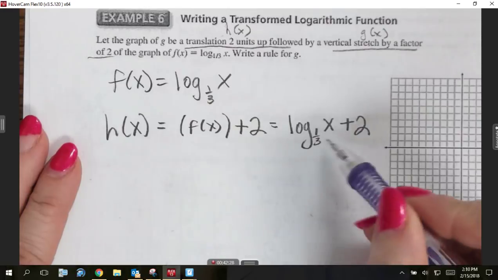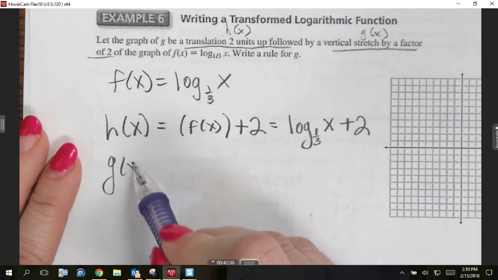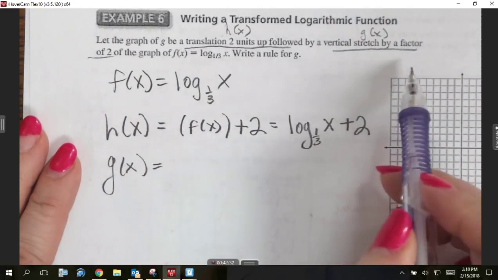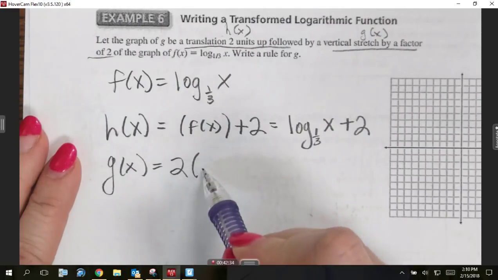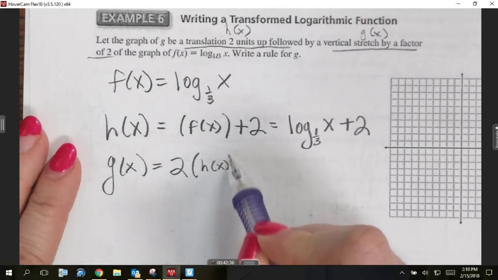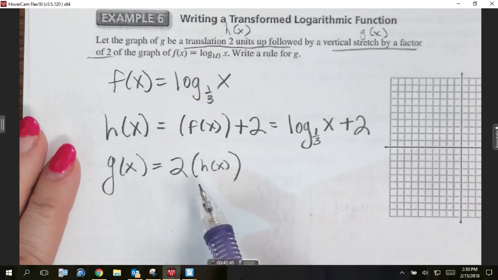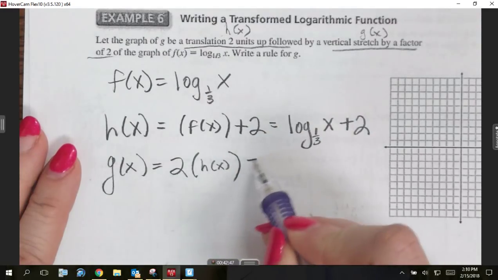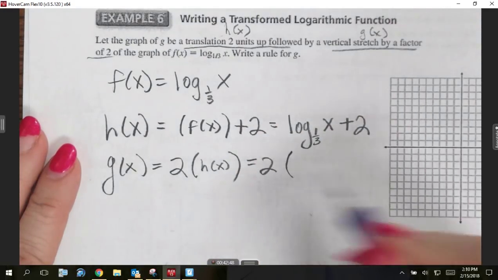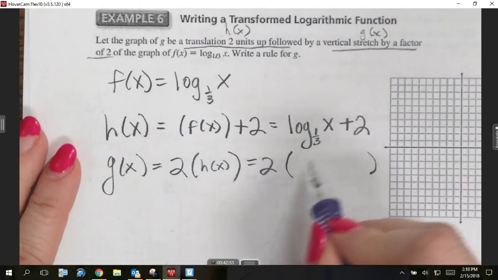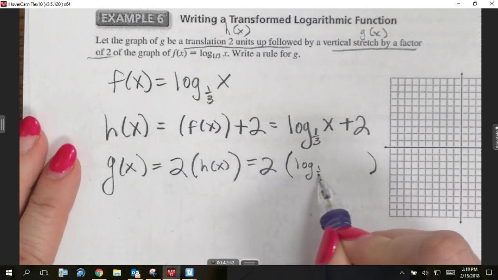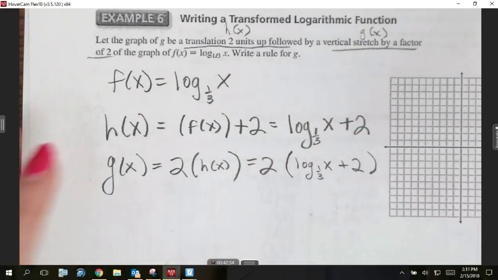G of x, and that's simplified. G of x says, now we're going to do a vertical stretch, so we're going to take 2 and multiply it by h of x. This is where people constantly make mistakes. It was on that test I handed back to you. We're going to do 2 multiplied by the previous function, log base 1/3 x plus 2.